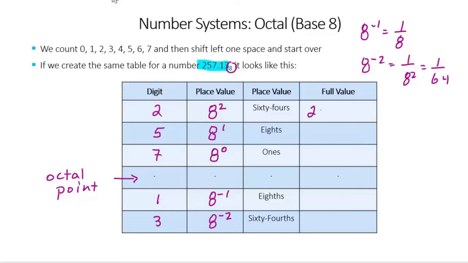So we have 2 groups of 64, 2 groups of 8 to the power of 2, or 128 items, 5 groups of 8 to the power of 1, or 5 groups of 8, so that represents 40 items counted in base 10, 7 groups of 1, which is just 7 items, 1 group of 8 to the power of negative 1, or 1/8, so 0.125, and 3 times 8 to the power of negative 2.